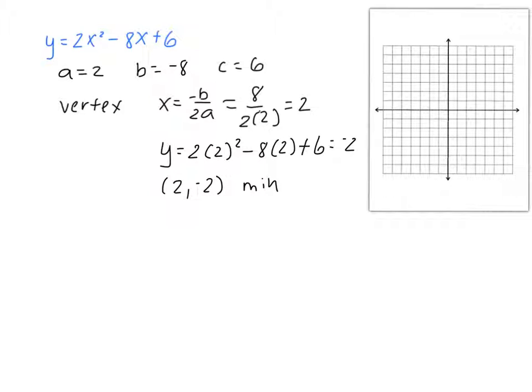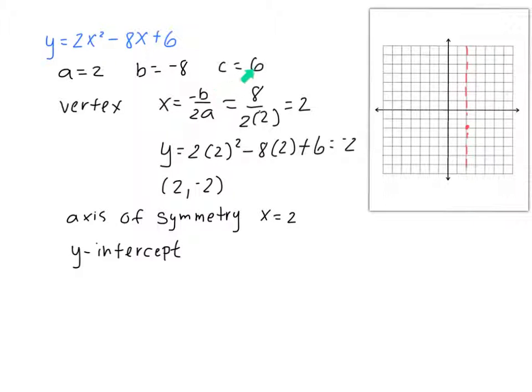Let's go ahead and plot that point on our graph. Parabolas are symmetrical, so we can draw a vertical line through that vertex. This is called the axis of symmetry, and the parabola will be symmetrical about that line. So our axis of symmetry is the vertical line x equals 2.